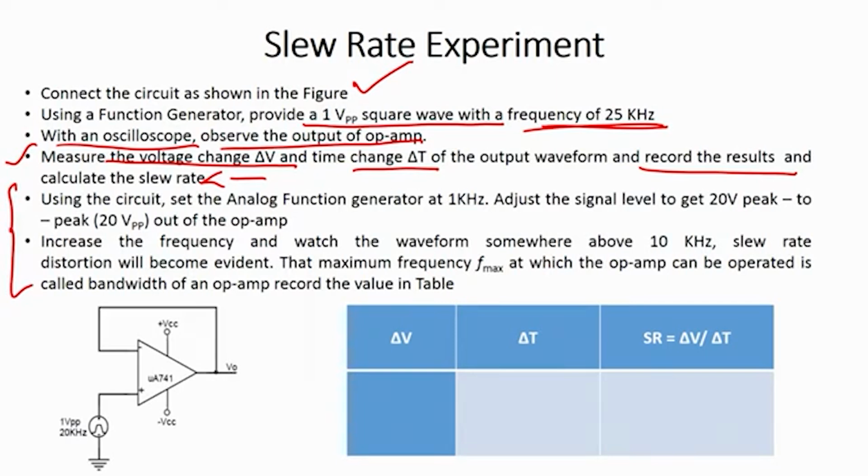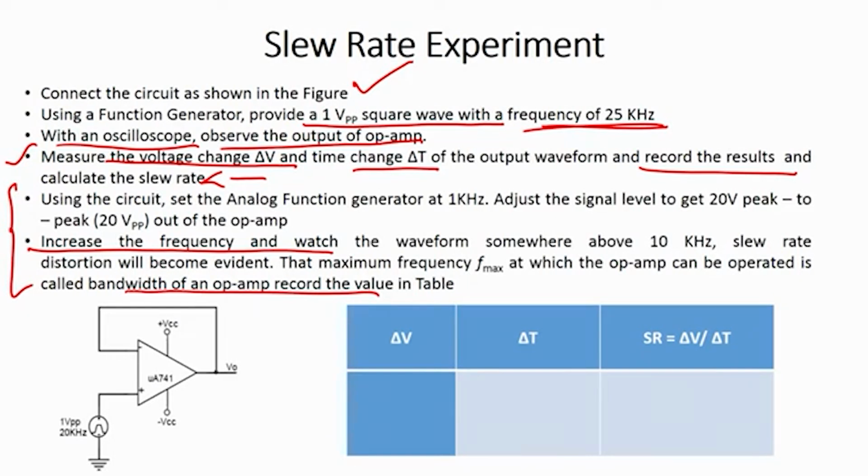If we keep on increasing the frequency, we will see some distortion in the slew rate. At this distortion, we can say that the maximum frequency at which the op amp can be operated is called the bandwidth.